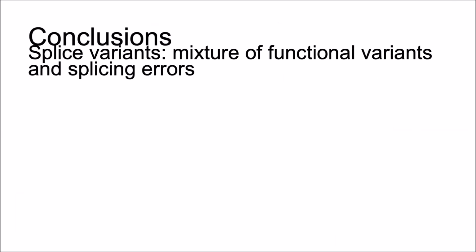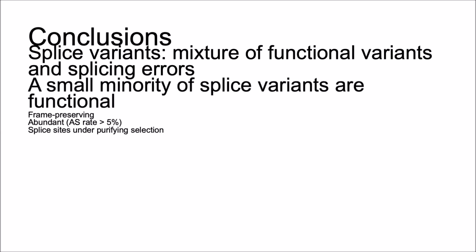So to conclude, splice variants correspond to a mixture of functional variants and splicing errors. Only a small minority of splice variants are functional, and typically those ones are frame preserving, they are relatively abundant, and they have splice sites that are under purifying selection.